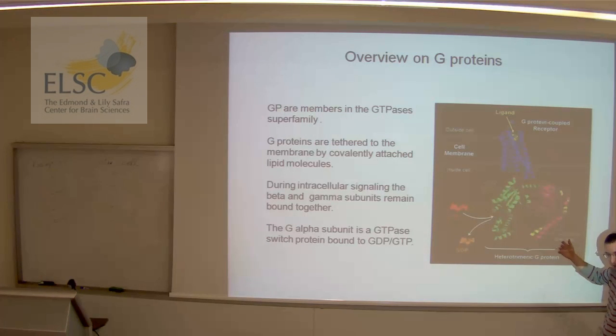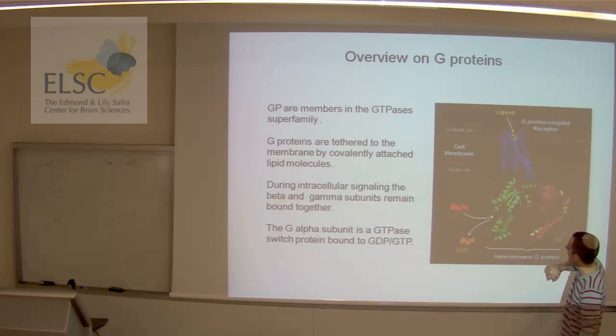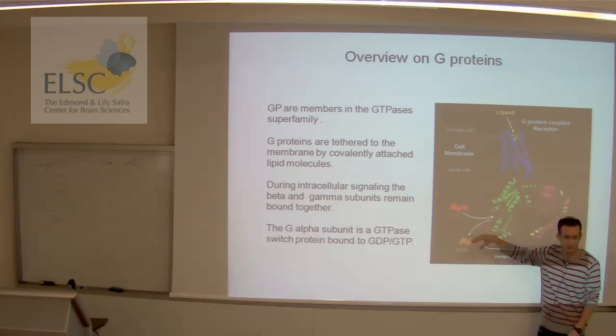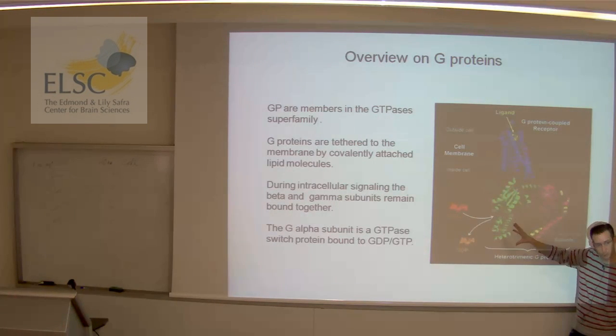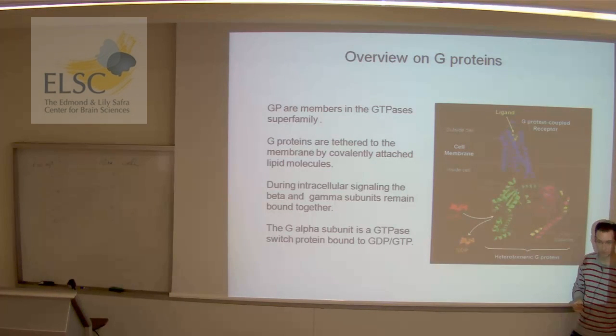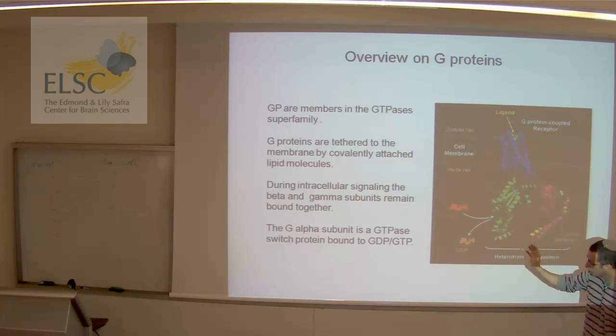You'll soon see that there is also a monomeric version of the G protein, but in the trimeric version, during intracellular signaling, the alpha subunit dissociates from the beta and gamma, and the alpha subunit is the one that activates the downstream effectors. That can be other receptors or intracellular proteins. We will see it in a minute. It is most usually the alpha subunit that dissociates from the trimer and activates downstream effectors. And it is the unit that has the GTPase capacity, the one that hydrolyzes the GTP.